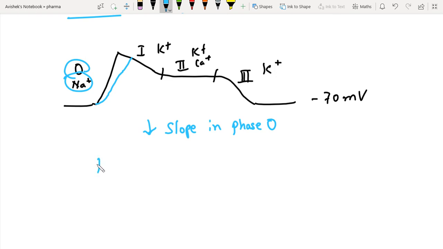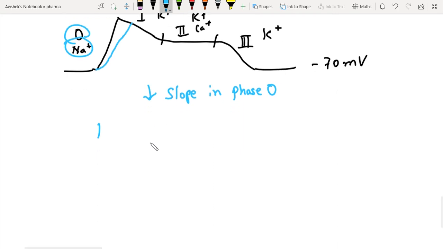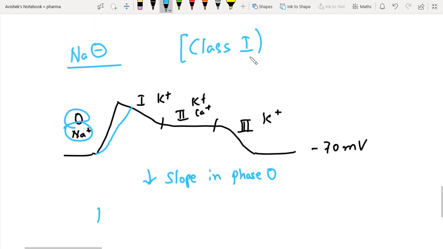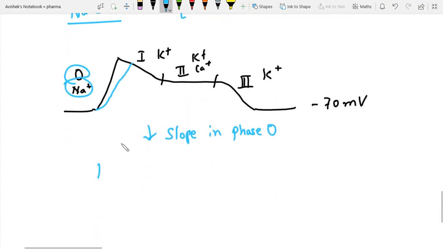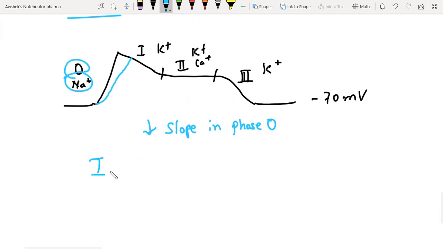Now there are 3 classes. This is of class 1, right? So in first class we have 3 subclasses: class 1A, class 1B, class 1C. These are all sodium blockers, okay?